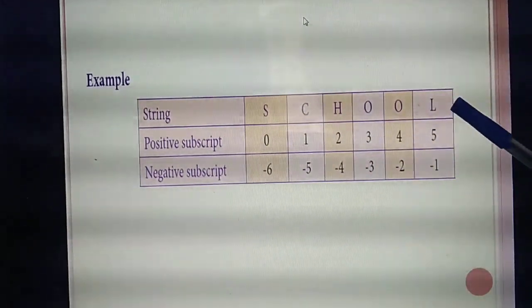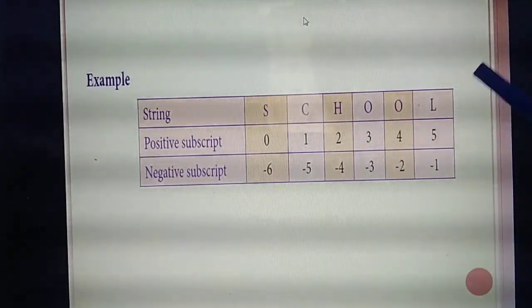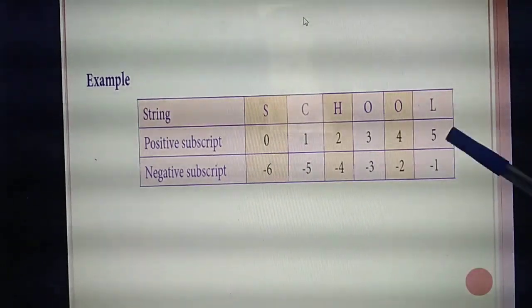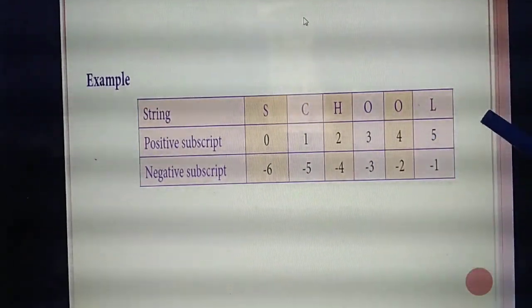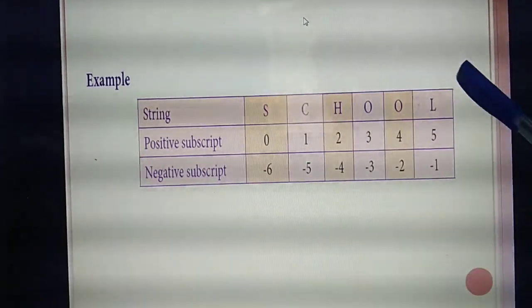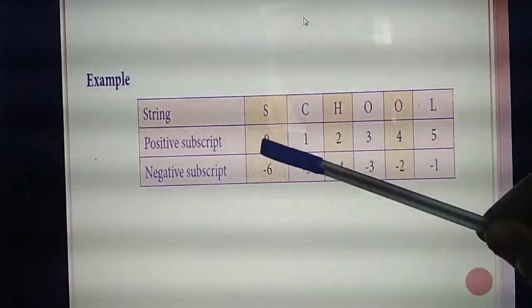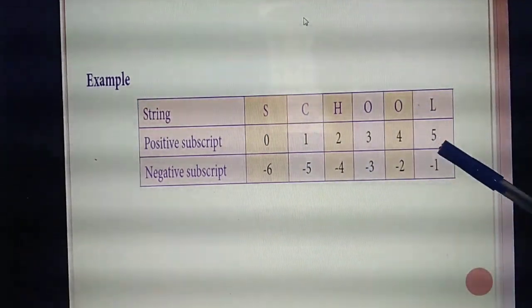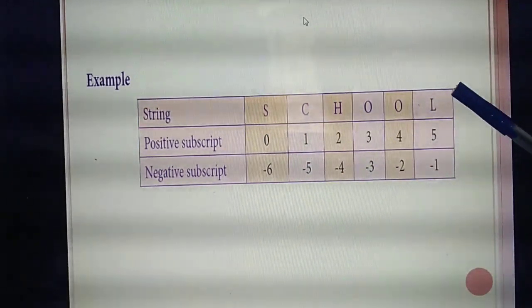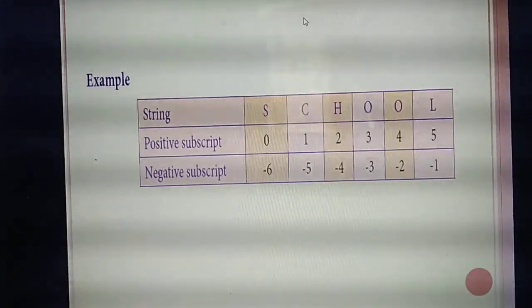That means 6 letters, so the last value, whether 6 or 5? 5, that is 6 minus 1. So a positive subscript always starts with index value 0 and ends with n minus 1.